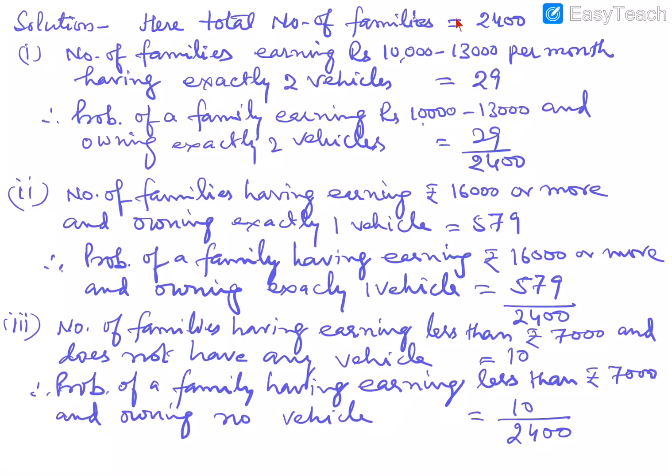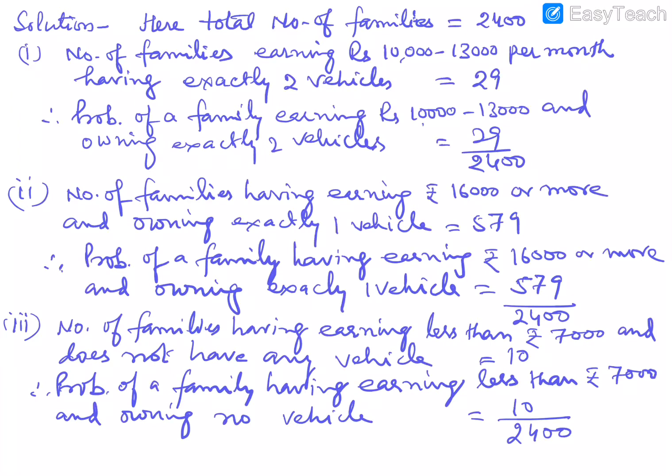Here the total number of families is equal to 2,400 and the number of families earning rupees 10,000 to 13,000 per month having exactly 2 vehicles is equal to 29, and therefore the probability of a family earning rupees 10,000 to 13,000 and owning exactly 2 vehicles will be equal to 29 by 2,400.